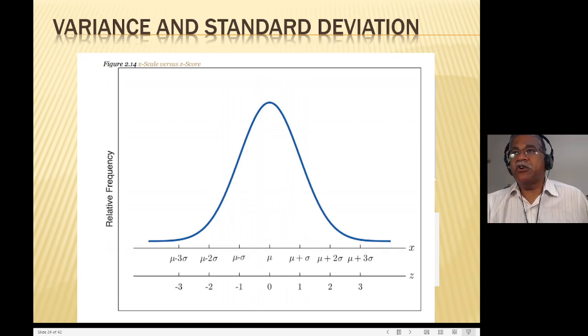Now this graph, I'm going to use a word you may not have heard of, is what is called asymptotic. Asymptotic means that all the measurable data is considered here, right? When you say it's asymptotic, it gets very close to zero but never hits the x-axis.